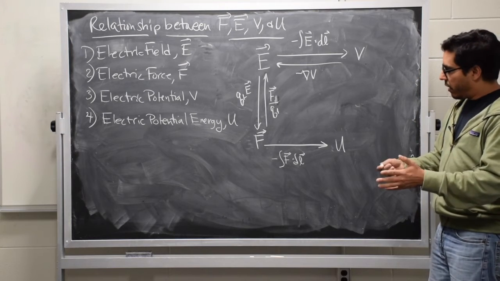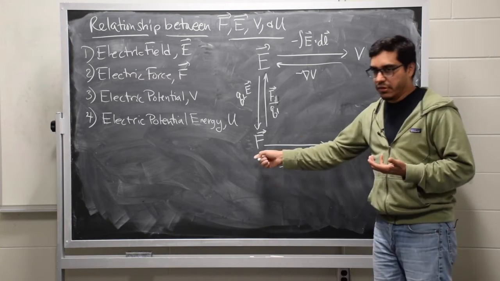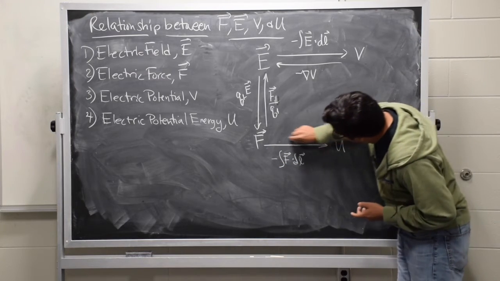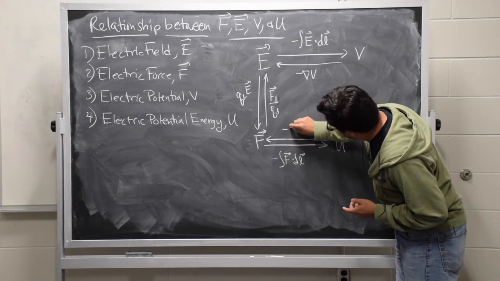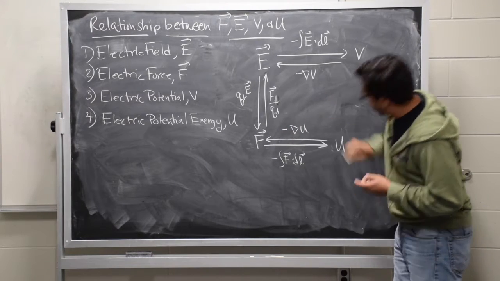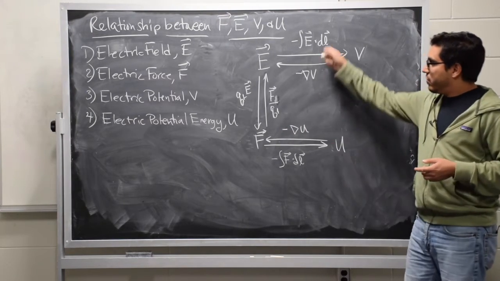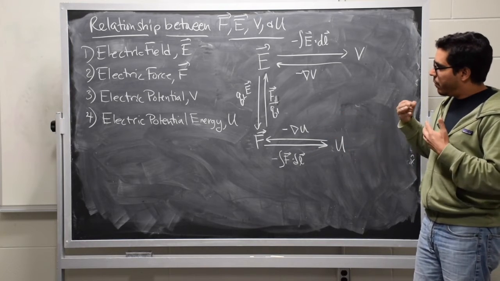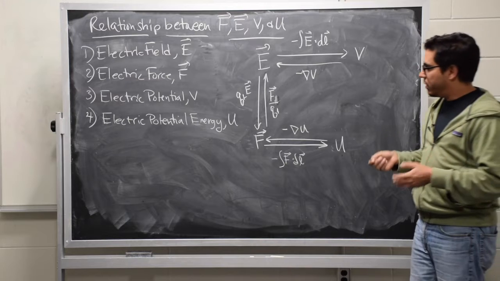If we want to go the other way and figure out the electric force from the electric potential energy, we take the negative gradient of that electric potential energy. Now you can see these are very similar operations. One involves force and one involves field, but they relate to each other very cleanly.